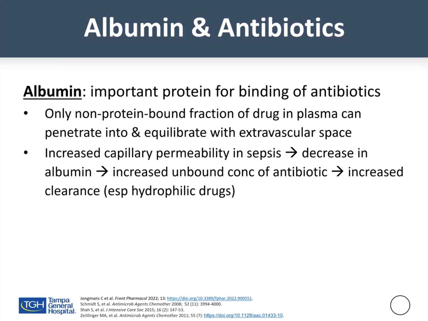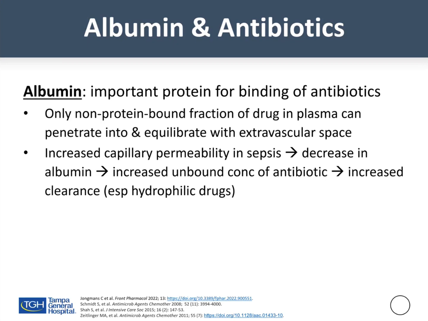Now, in a scenario where your patient is in septic shock, some sort of critically ill scenario, you can see increased capillary permeability in sepsis. So we can see a decrease in albumin, and that's the scenario that we're running into with this concept. When you have decreased albumin, you are going to see an increased concentration of drugs that are highly bound to albumin because they're not around in the body in order to be bound to that protein.